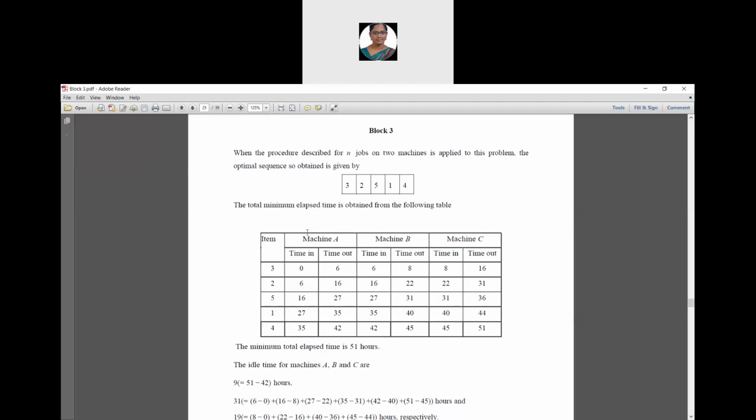And next are machine A, time in, time out; machine B, time in, time out; machine C, time in, time out. For machine A, the first time in value will always be 0.